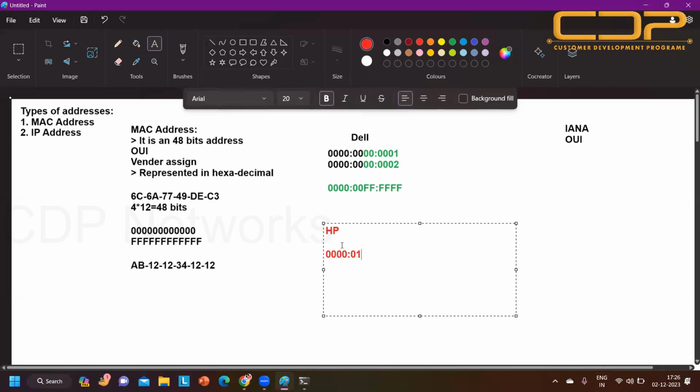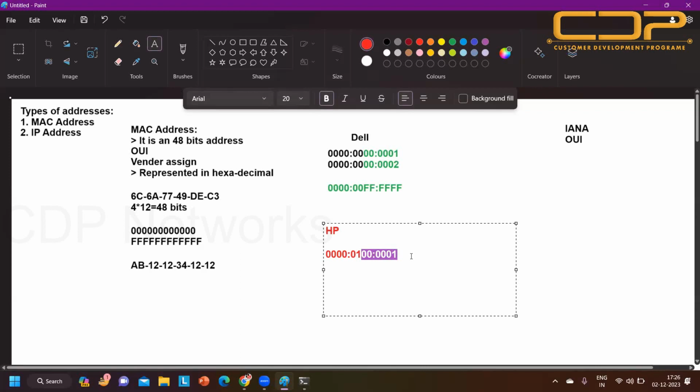Now HP needs to design the first MAC address for their first NIC card, so they will assign the last 24 bits the value 00:00:01. Right? You can see the OUI of Dell and HP is different, but the vendor-assigned last 24 bits of Dell and HP are the same.